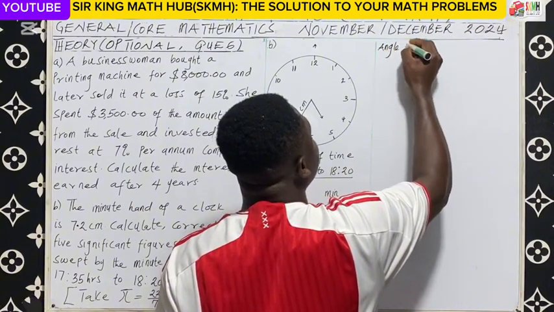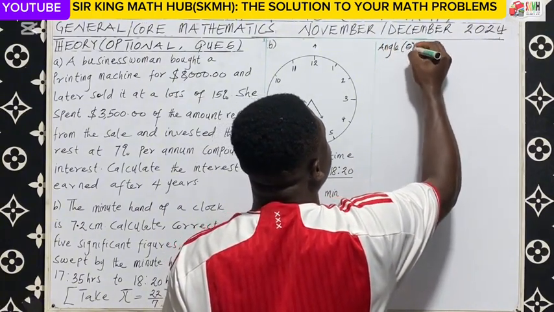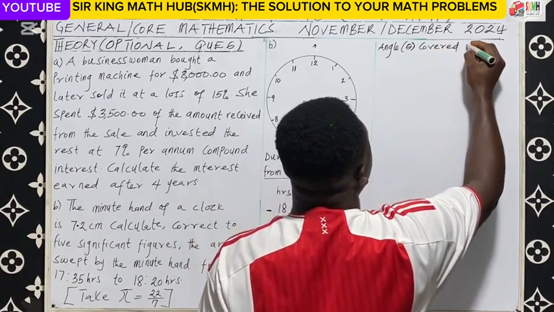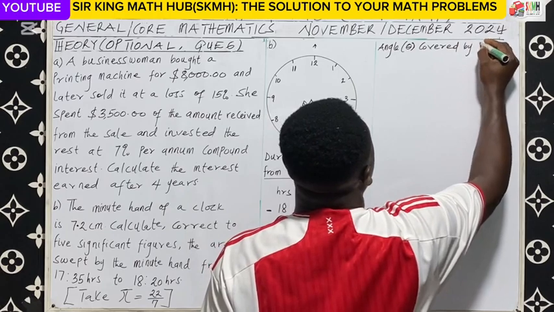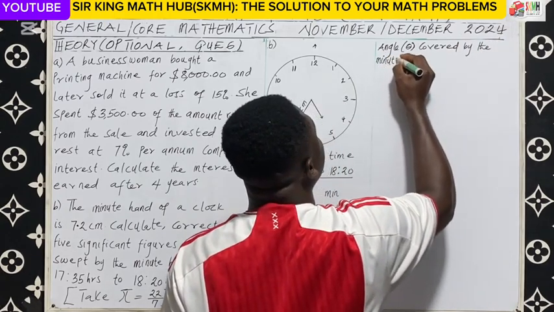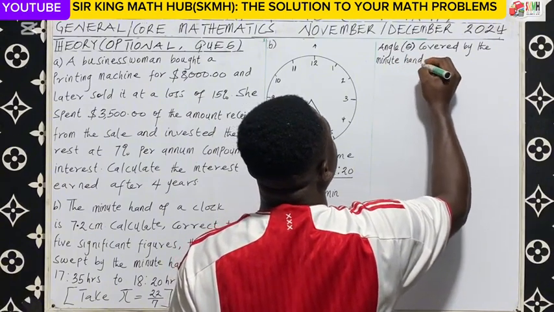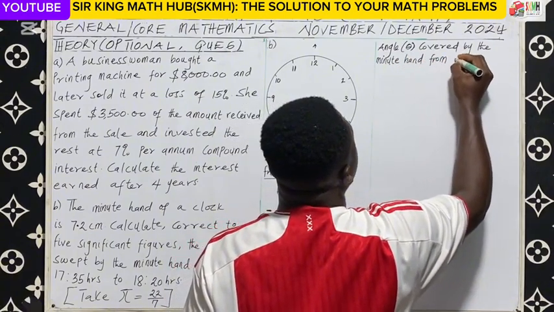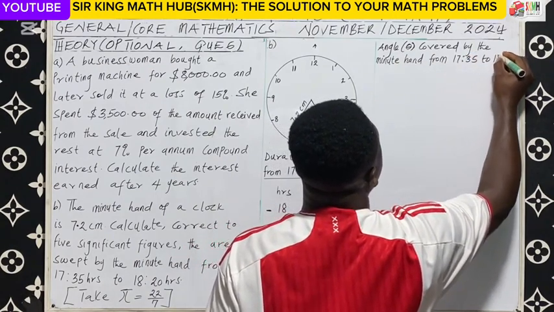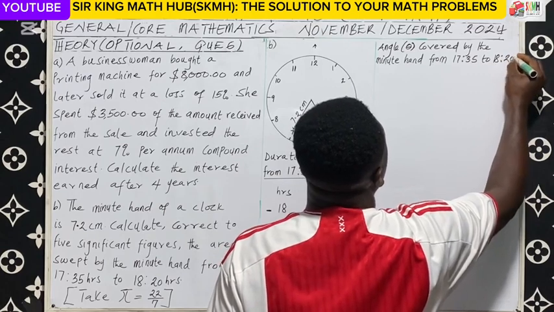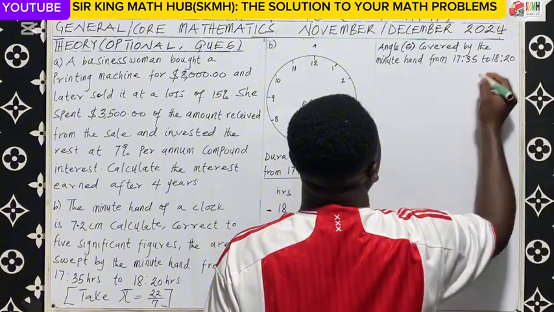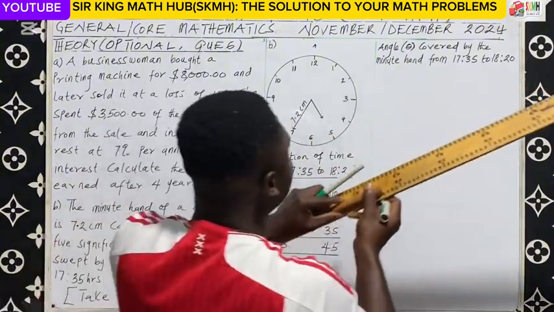So the angle theta covered by the minute hand from 17:35 to 18:20. So how do we calculate that?